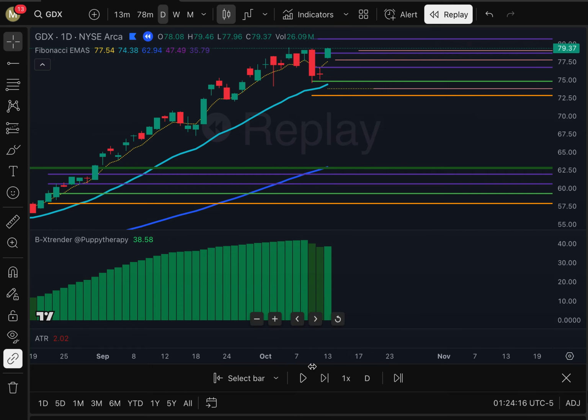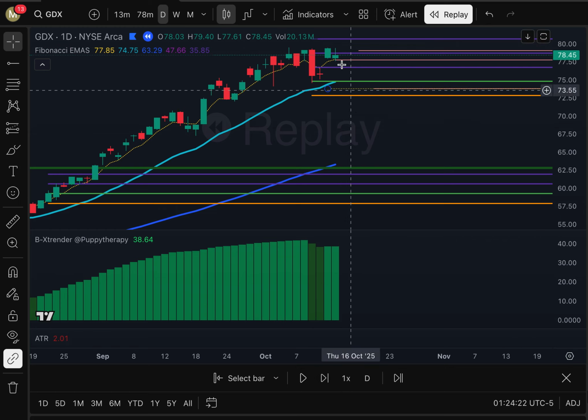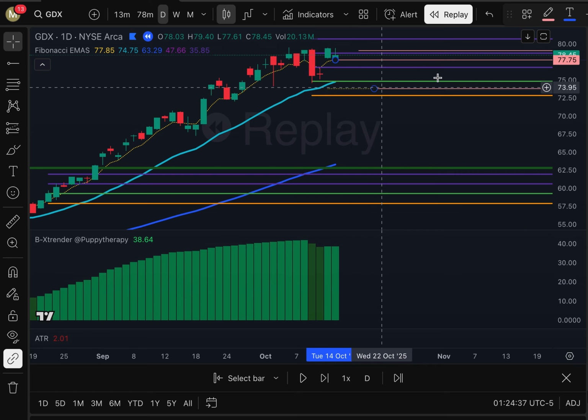And so the next day, in the morning, it went down to where my stop loss was and sold. And then it went back up a little bit closer to where my 2R is. And so I sold 4 shares at 77.75.